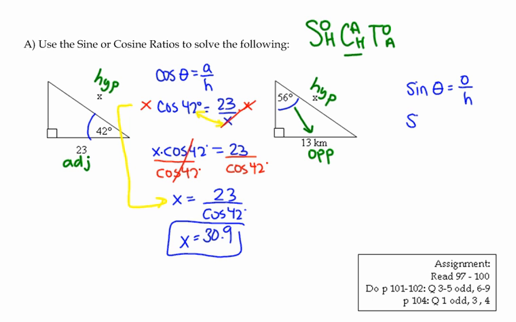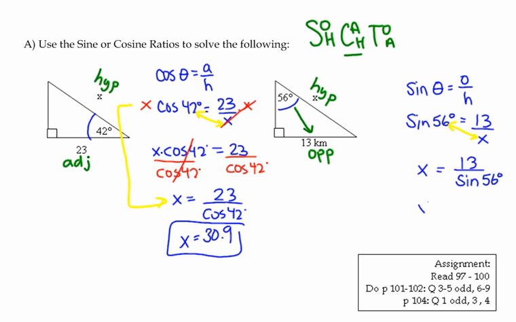So now we have sine 56 equals what divided by what? 13 over x. So if I want to use a shortcut, I want x equals, what happens when x is on the bottom? Which two switch? Sine 56 and x. Because x on the denominator was being divided, we're still going to have division. So 13 over sine 56.